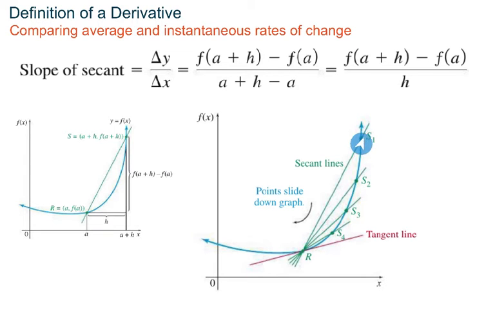And what you see is as that S sub 1 becomes S sub 2, S sub 3, S sub 4, this secant line from R to S sub 4 is closer to the tangent line. So the question is how close can these 2 points become together? S sub 4 could be S sub 5, etc. It doesn't really matter what that subscript is, but the idea is we can become infinitely close.